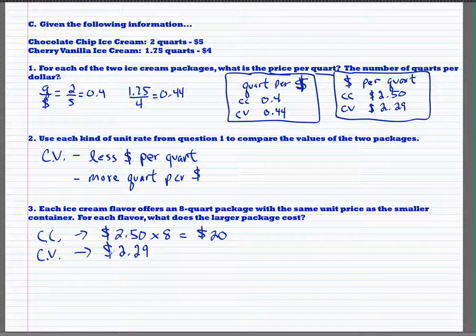All right, and again, if this is the price for the cherry vanilla for 1 quart, to find the price for the 8-quart version of it, I'm just going to do times 8, and that's going to give us $18.29, I think it was. Yeah, $18.29.